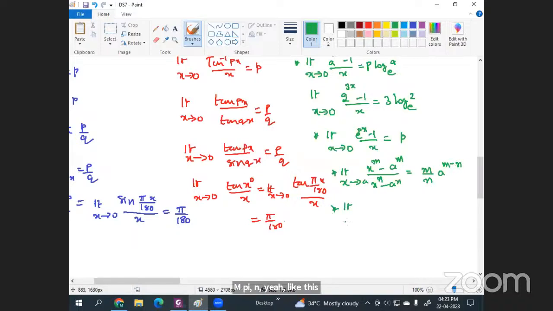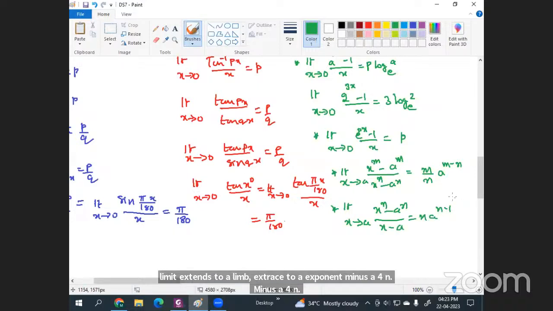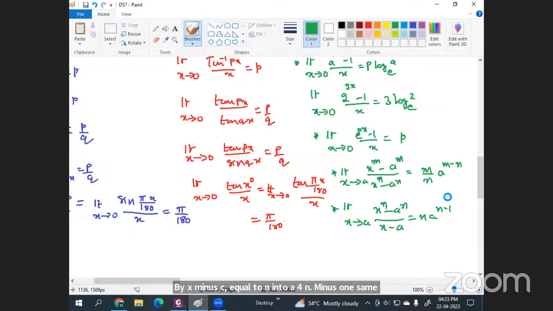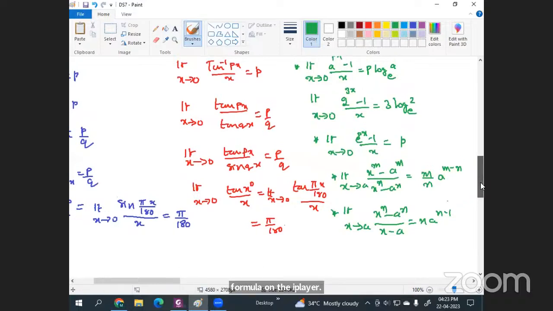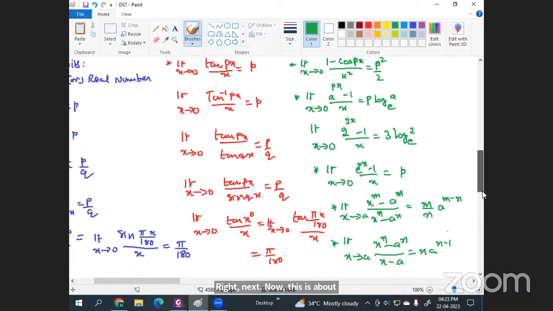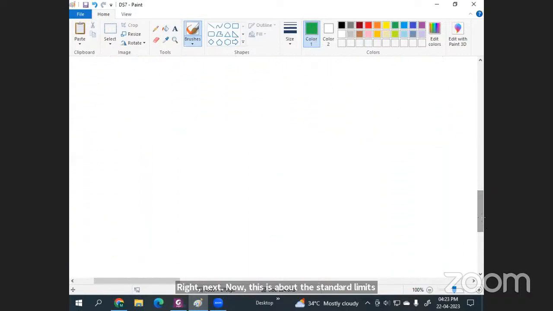So limit x tends to a, x power n minus a power n by x minus a equals n into a power n minus 1. Same formula only I applied, right? Next. Now this is about the standard limits concept. Now I am going for L'Hopital rule, right? The L'Hopital rule, we also say L'Hospital rule.